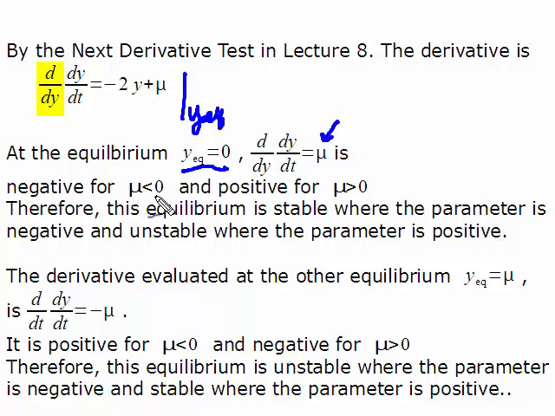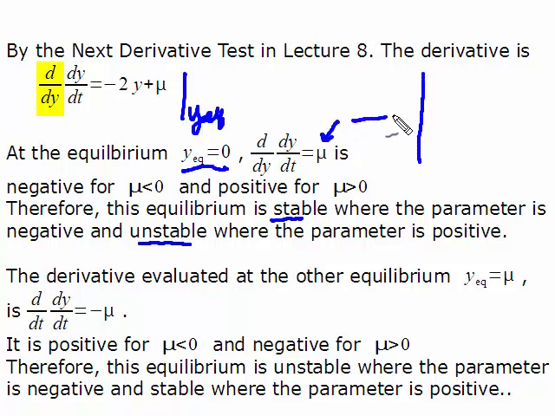So if the parameter mu is negative, then this derivative is negative and that equilibrium is stable. Where the parameter is positive, the derivative is positive, and therefore along that equilibrium value it's unstable.